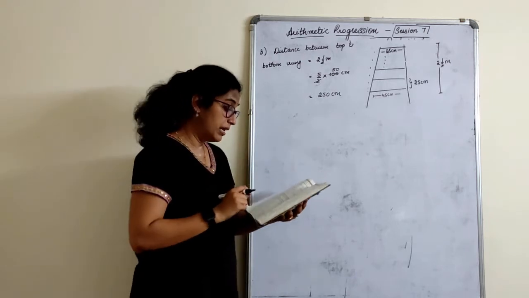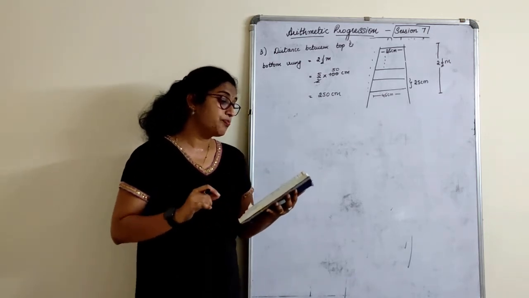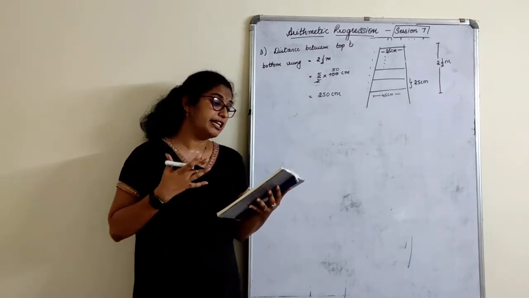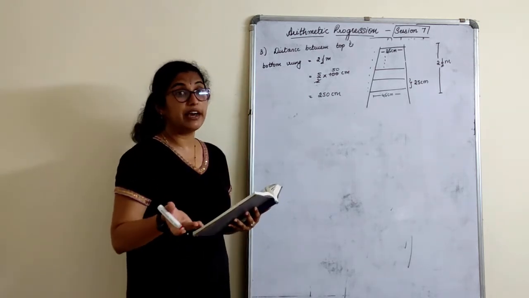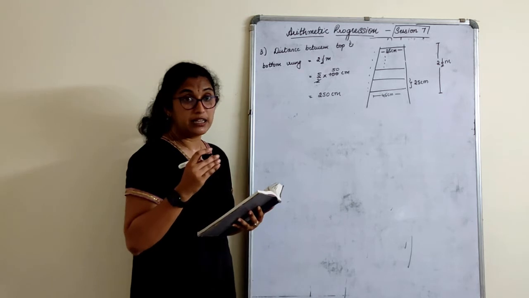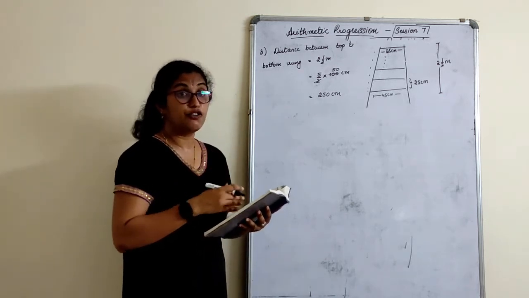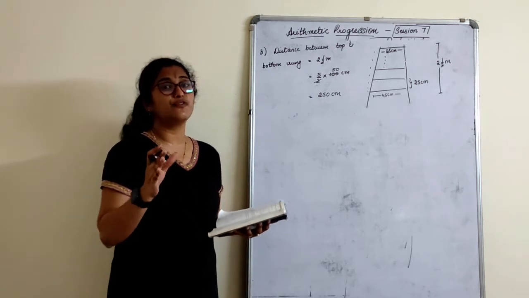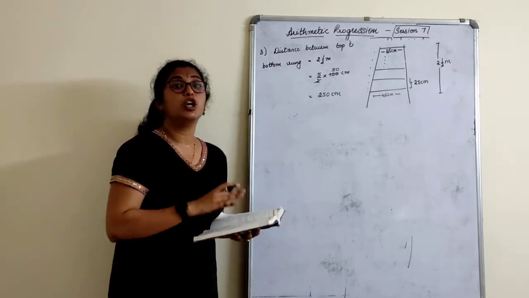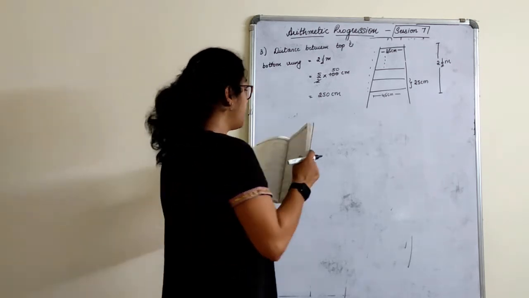This is a small formula given in the book. The distance between every two rungs is 25 centimeter. We actually want Sn, we have to find it. That means we want the number of rungs actually. The formula for the number of rungs, they themselves have given. We have to follow that. In case the formula is not given in the exam, you should remember the same formula.